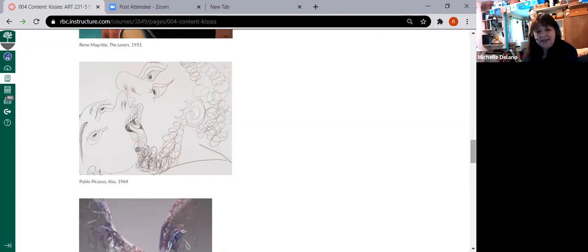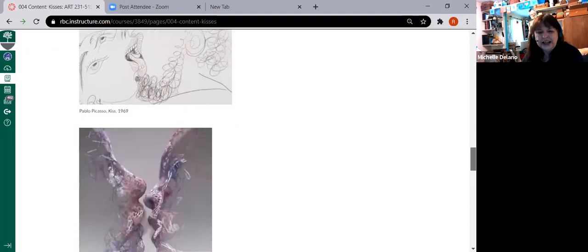You can see up their noses, and their tongues are all in each other's face, and it should be sensuous, but there's something really wrong there, right? I might say that he really distorted what a kiss would be, by focusing on the tongues, by making it so dark there, that's all you see is the tongues, and you don't get a sense that they really even feel anything for each other.